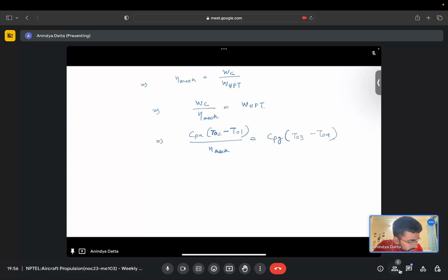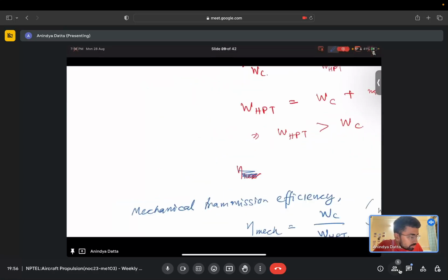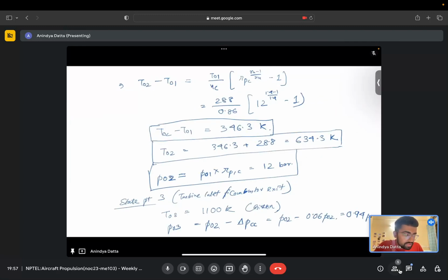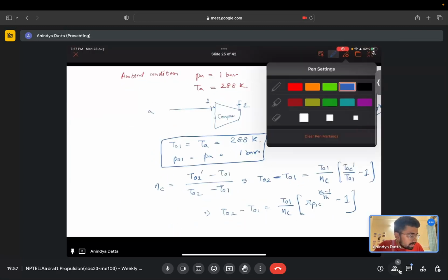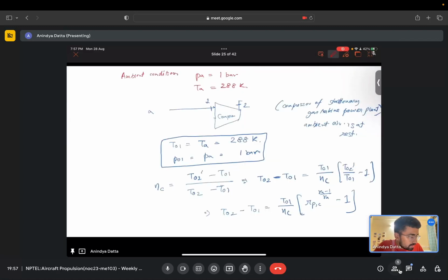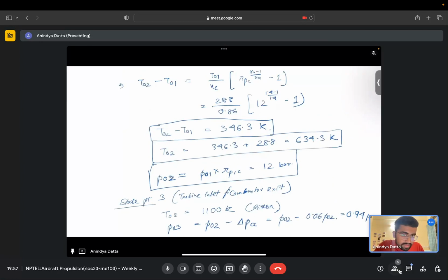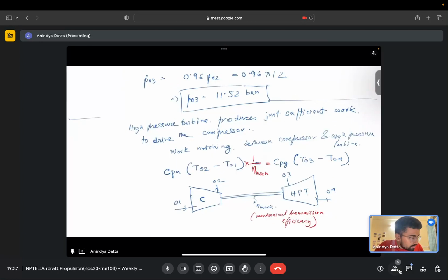So this was 1005 times T02 minus T01, which we computed as 346.3 Kelvin. We computed the temperature difference 346.3 Kelvin, this line.